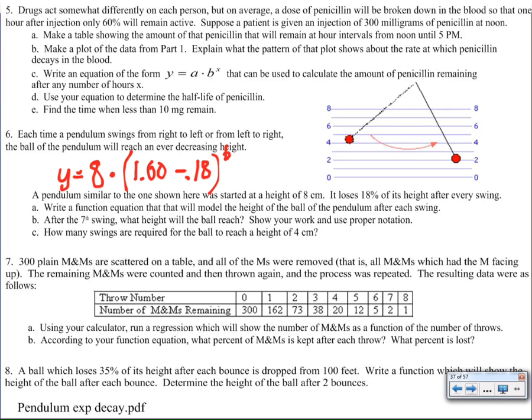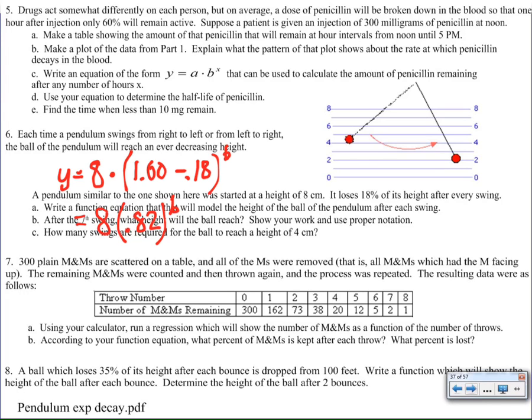So in other words, we're going to take our 8 centimeters and we will keep 82% or 0.82 of the original 8 centimeters by the first bounce. Second bounce will have 82% of 82% of 8 centimeters, and so on and so forth.